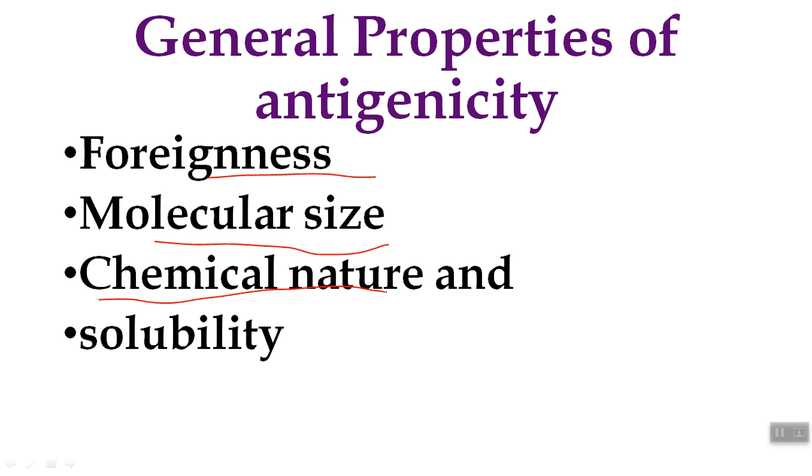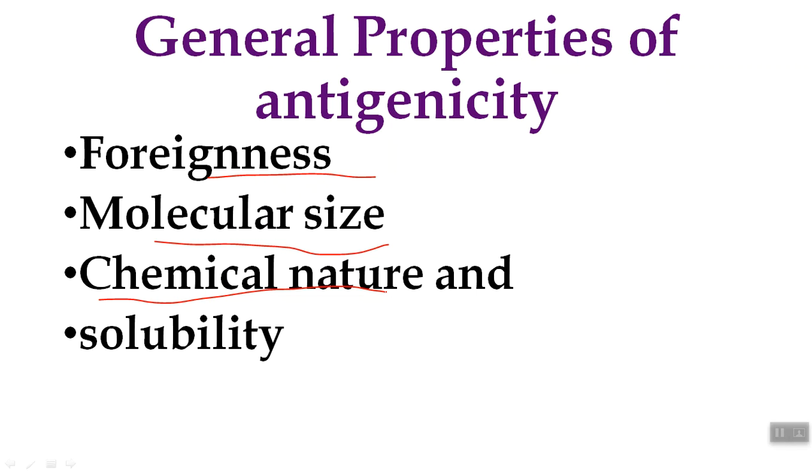The synthetic polymers, though macromolecular in size, are not antigenic, while naturally occurring macromolecules such as proteins may be highly antigenic because of their higher internal molecular complexity, which gives more antigenicity to the molecule.